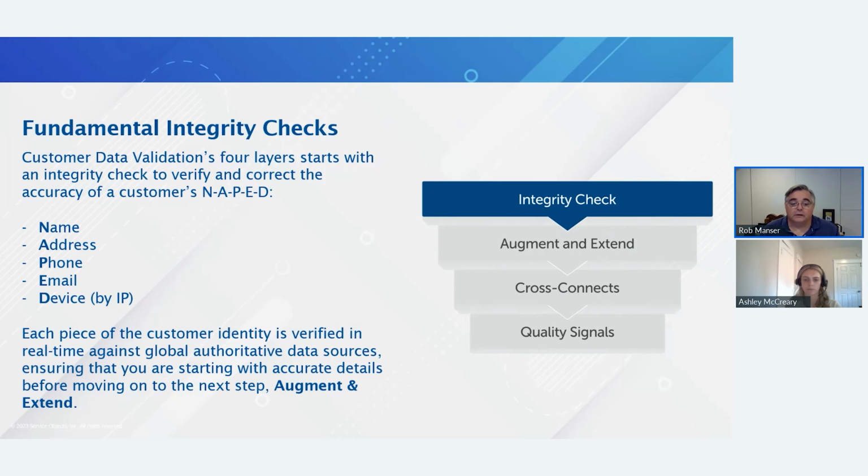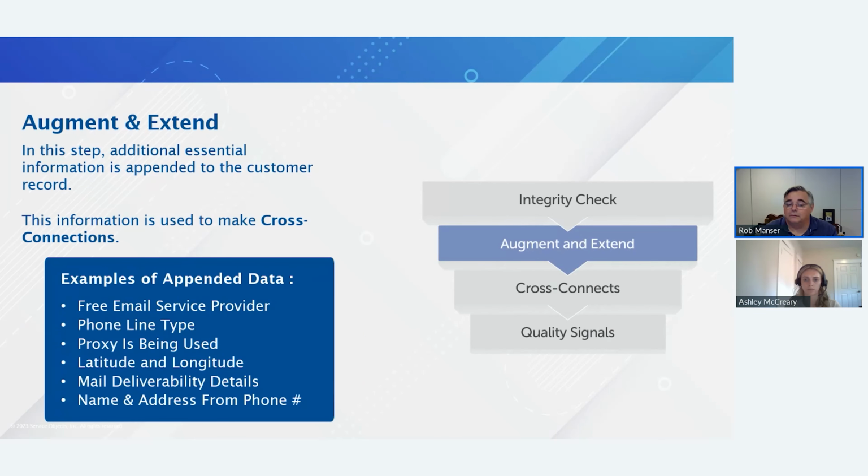So the next level, after getting accurate data, is to move to augment and extend. What this is meant to suggest is that with all of those data sets that we have, there's secondary information that comes with them. For example, with an address, a very basic example is to append the +4 in a zip code.